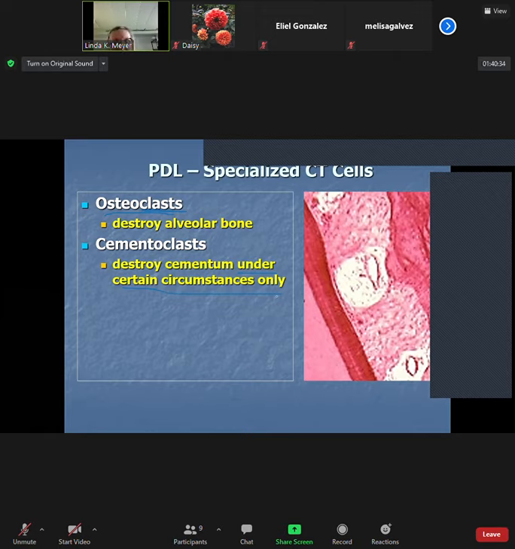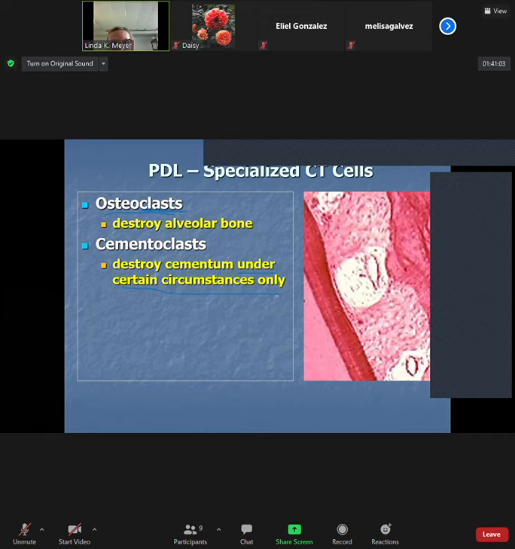But there is one healthy situation where we are going to see cementoclasts. Can anybody think of a normal process that's not considered disease where cementum would be destroyed? Well, it would be when the primary tooth is exfoliating or shedding.